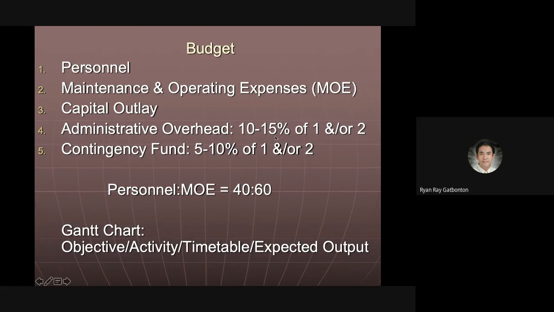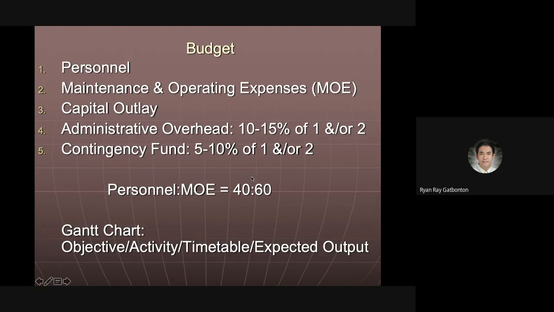So it's around 10 to 15%, no, of your item number one, personal budget, or item number two, your MOE. While your contingency fund or your emergency fund should always be around 5 to 10% of your personnel and your maintenance and operating budget.